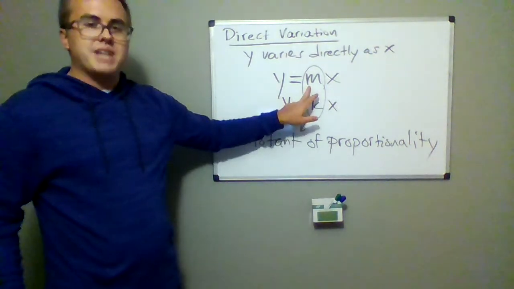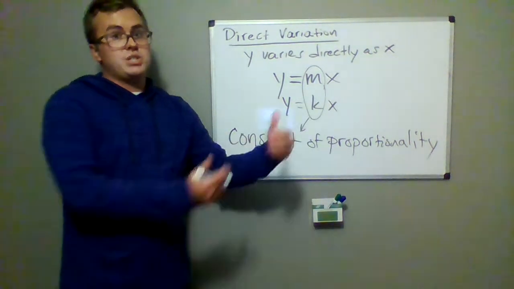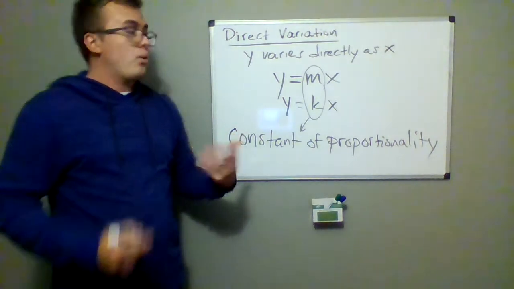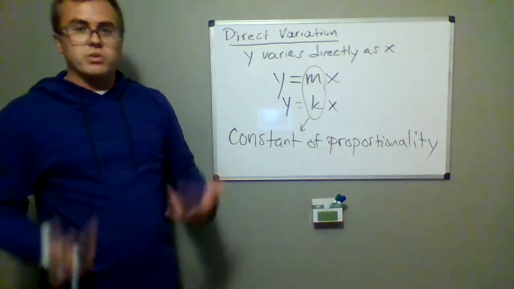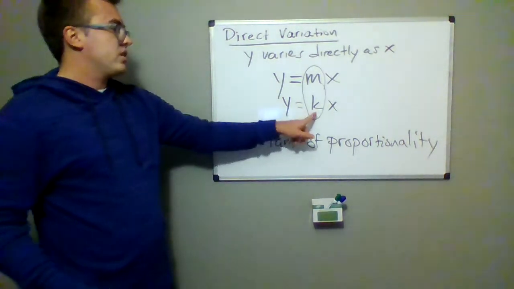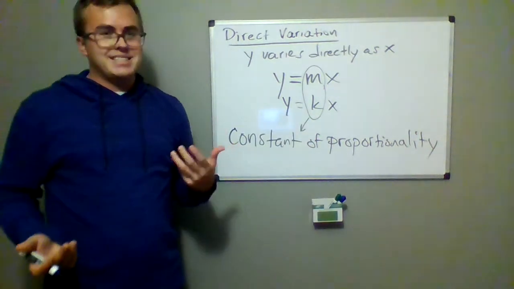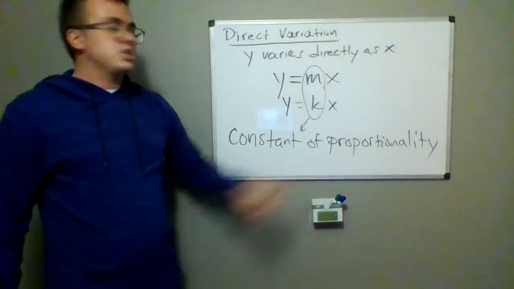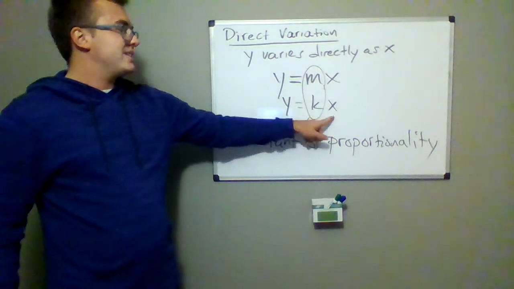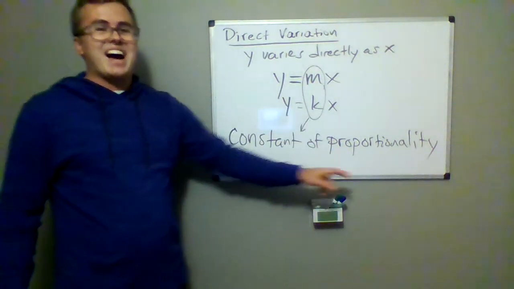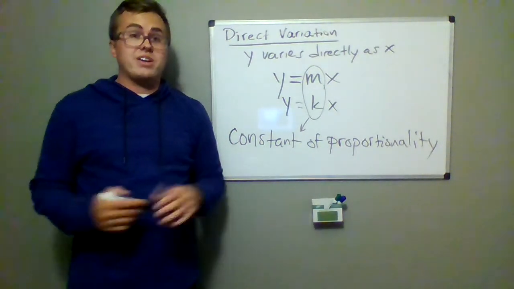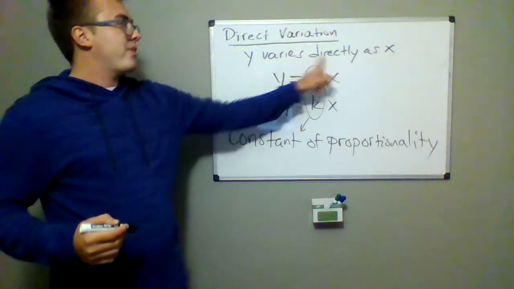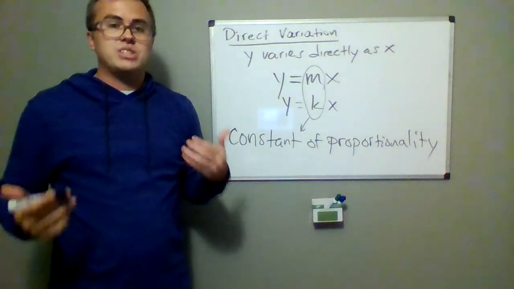I prefer to use m because it's going to lead to our next topic, which is slope. But a lot of times when you're working with direct variation, they'll call it k instead for some reason. So you might see it either way, but just know whatever this value is in front of that x, that's the constant of proportionality. And that's the thing that makes the function vary directly.